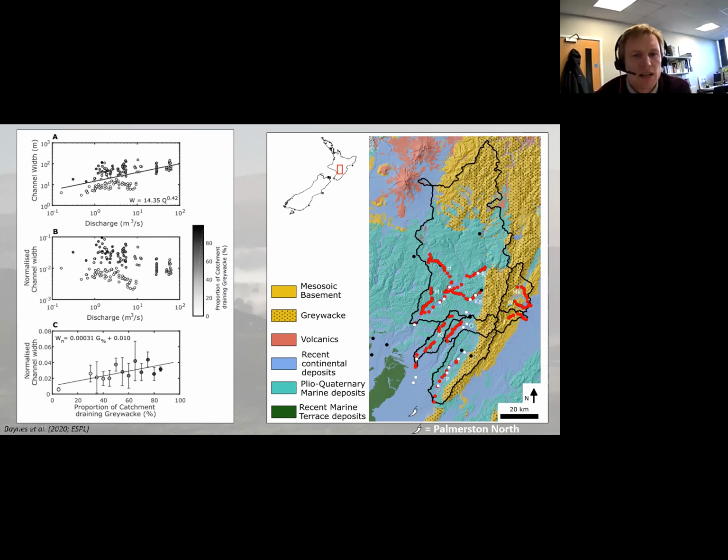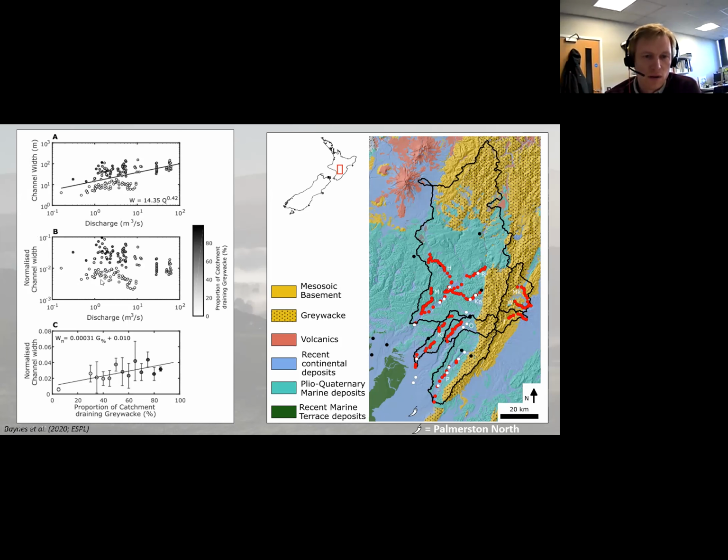And what's really interesting here is all of the points seem to have a systematic difference between the channel widths for a given discharge, basically depending on whether the catchment drains Greywacke or not. This second plot, we show that in a little bit more detail. Here we've normalized the channel width by the square root of discharge to try and remove that increasing effect.